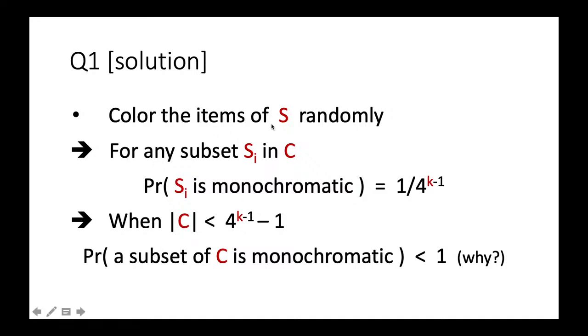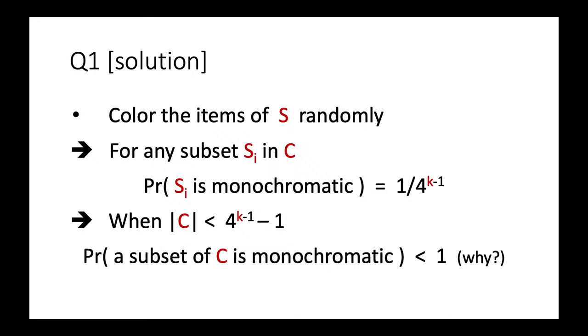Since we are doing the coloring randomly, we can check that for a particular subset Si in C, the chance that Si is monochromatic won't be a lot. Si contains exactly k items, and there are 4 colors that we can choose to color the items of S. Let's say the colors are red, green, yellow, and blue.